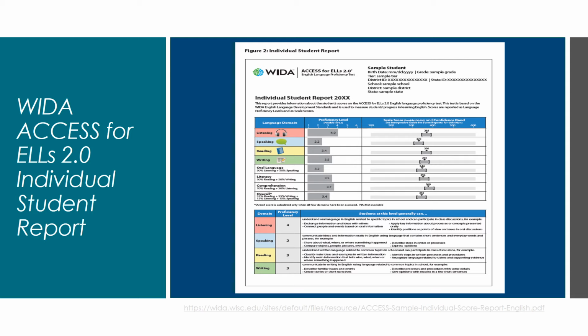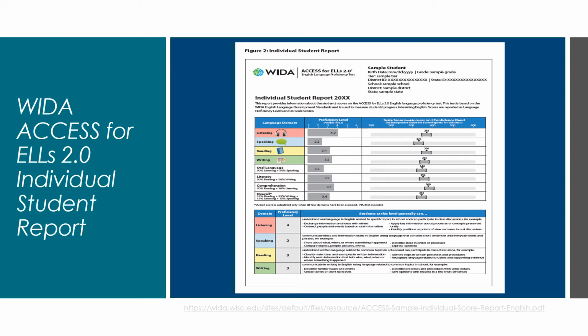Every year, the Pennsylvania Department of Education requires that all English learners who are in a language instruction educational program take the Access for ELs 2.0 assessment. The assessment is implemented usually in the months of February and March, and then in May and the beginning of June, every LEA gets information about their students.